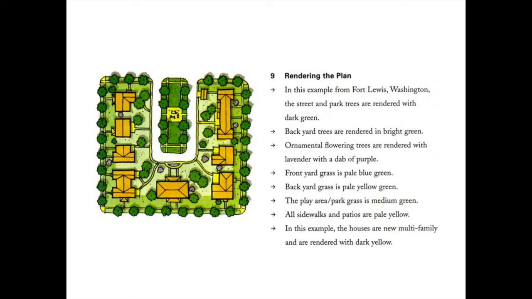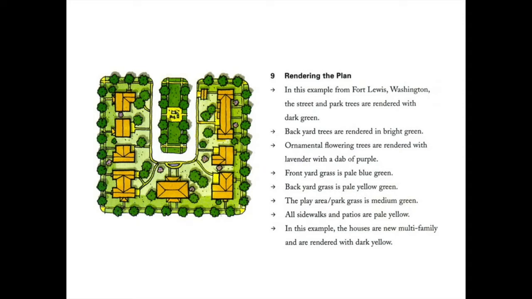Their color system goes a little bit further than most folks do. They use different greens to illustrate public land, the park in the middle, the public front of the houses versus the private backyards. We don't need to go that far, but it's just helpful to note that it's in their practice to illustrate the public or private nature of open space in their plans.